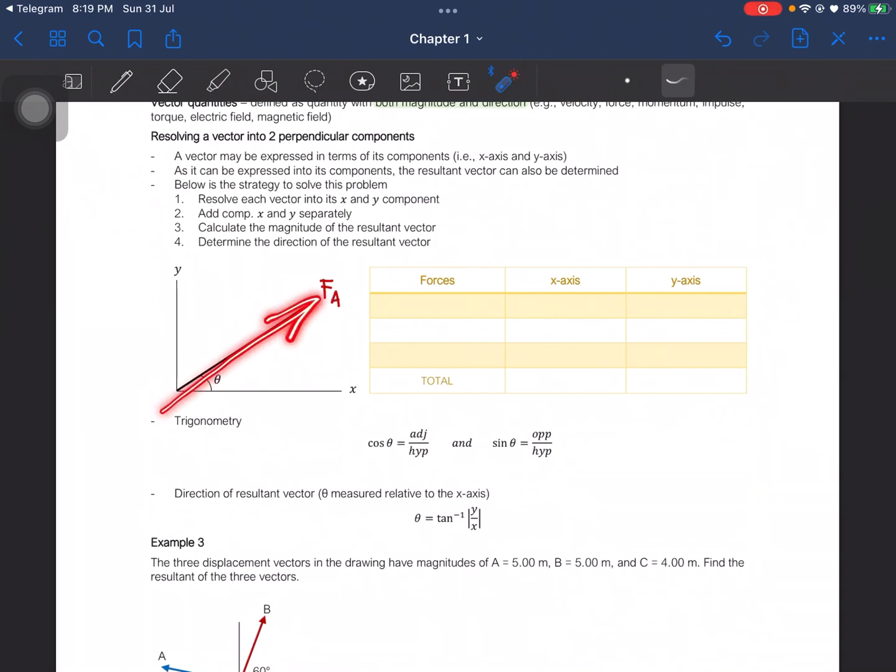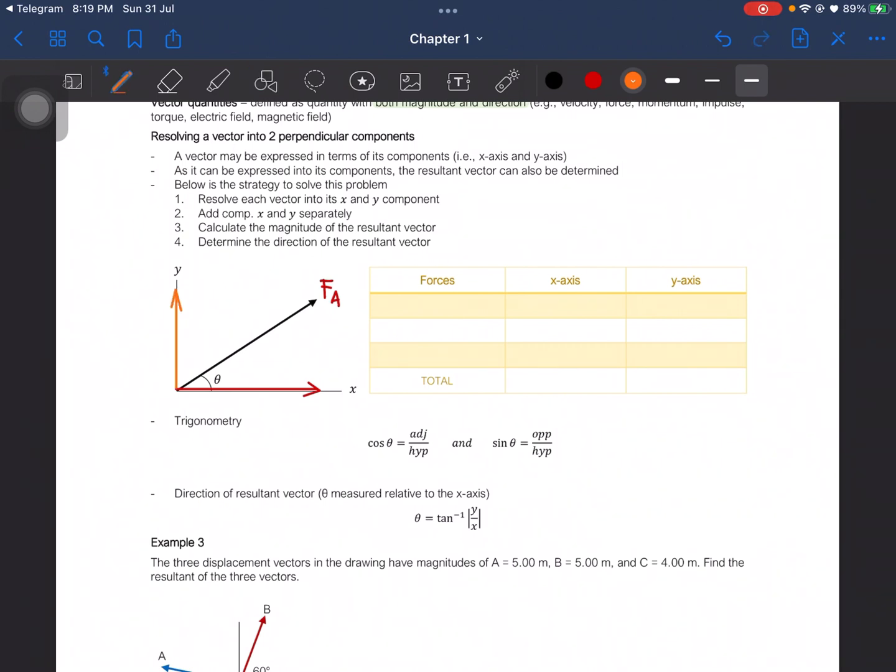Since this is a vector, we can resolve it into its x component and y component. Let me use another color now.